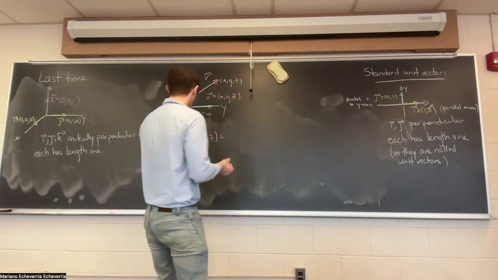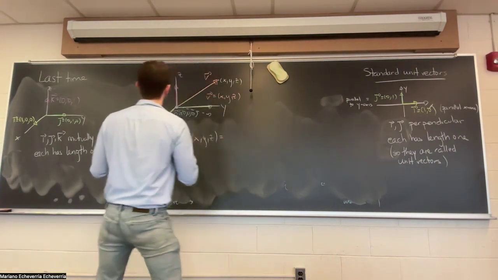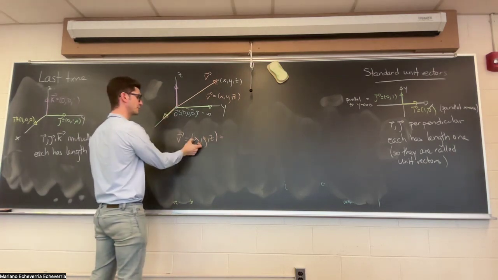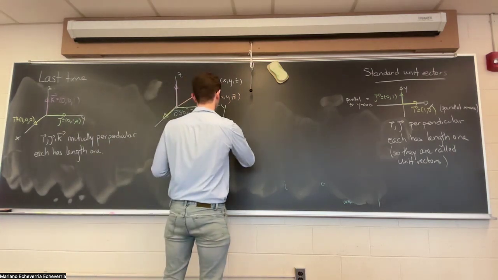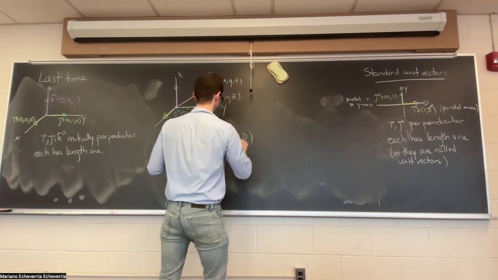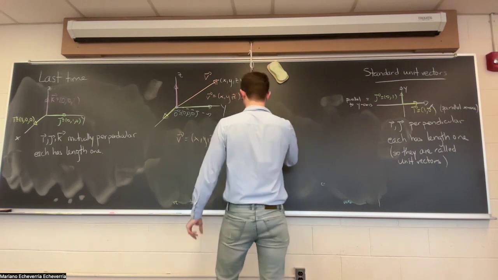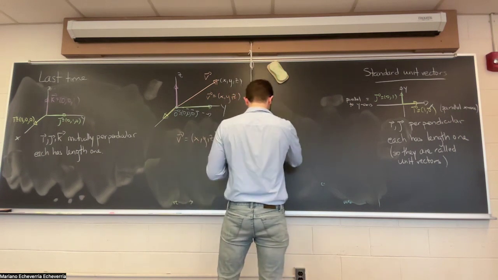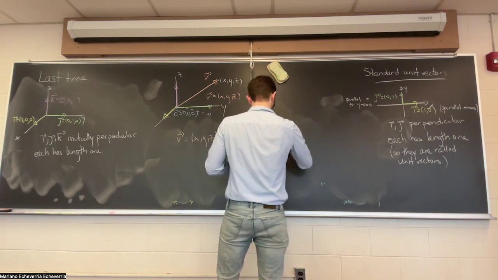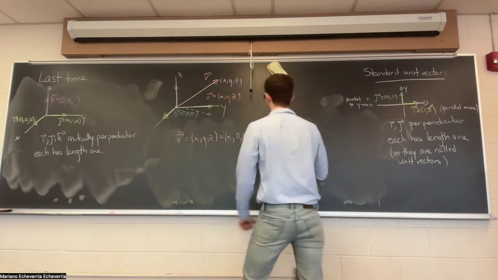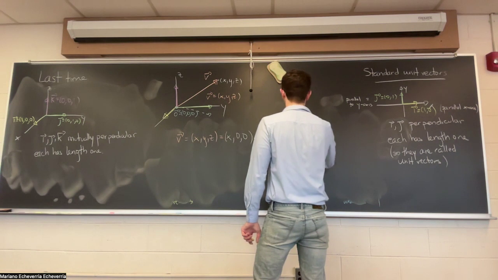So what is a convenient way to break it? The first piece is all along the x-axis, so the first piece will keep track of x. Let me write it like this: (x, 0, 0). The second piece is all aligned with the y-axis, so I'll just keep the y. And the last piece is completely aligned with the z-axis, so I just keep the z here.